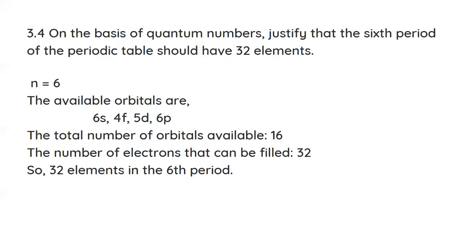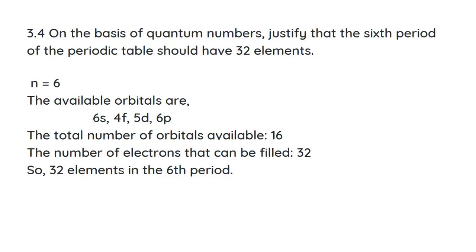Fourth question, on the basis of quantum numbers, justify that the sixth period on the periodic table should have 32 elements. Over here, since it's the sixth period, n equals 6, and the available orbitals are 6s, 4f, 5d, and 6p. This is to do with their energies. If you haven't learned about the various orbitals and their energy levels, you have to learn about them in atomic structure.